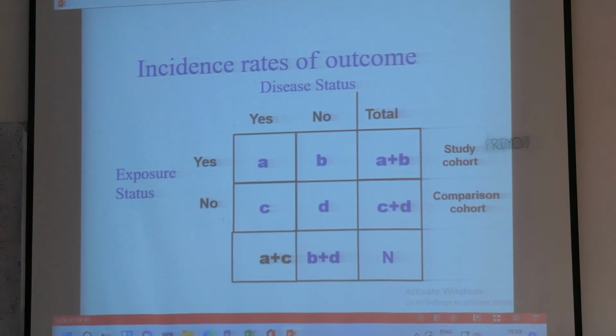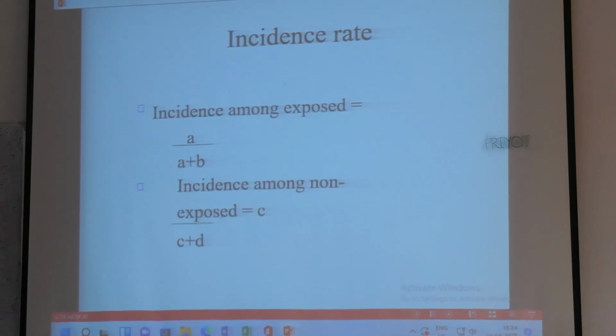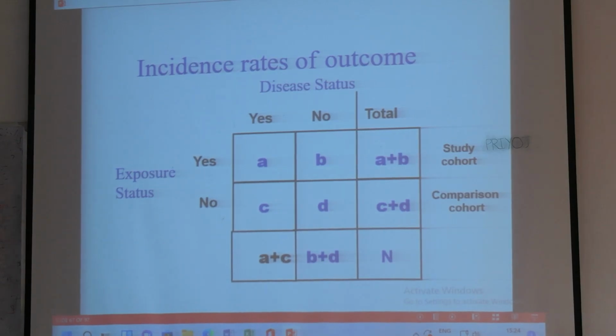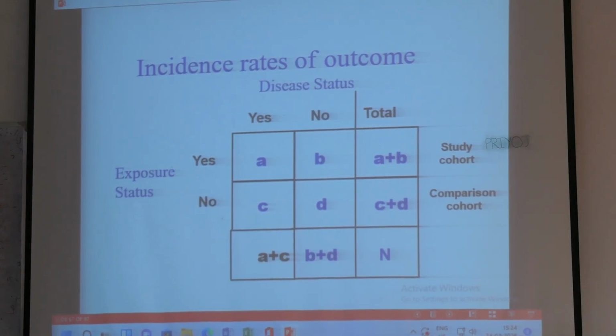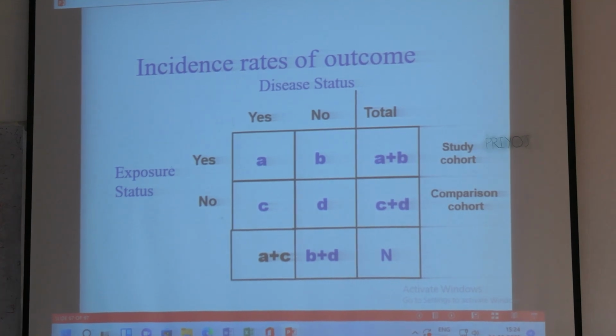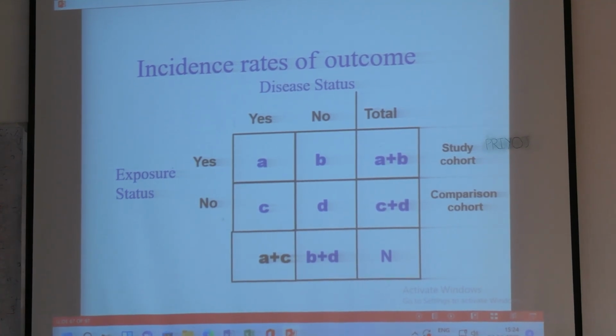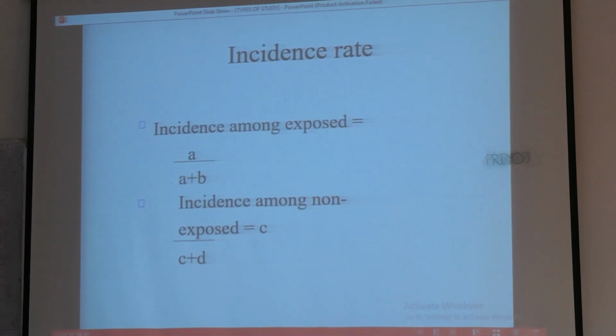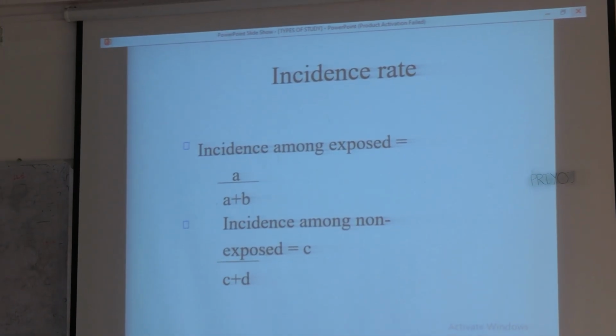How many have been exposed? A plus B. So how many have got the disease and have been exposed? Incidence among exposed is A by A plus B.